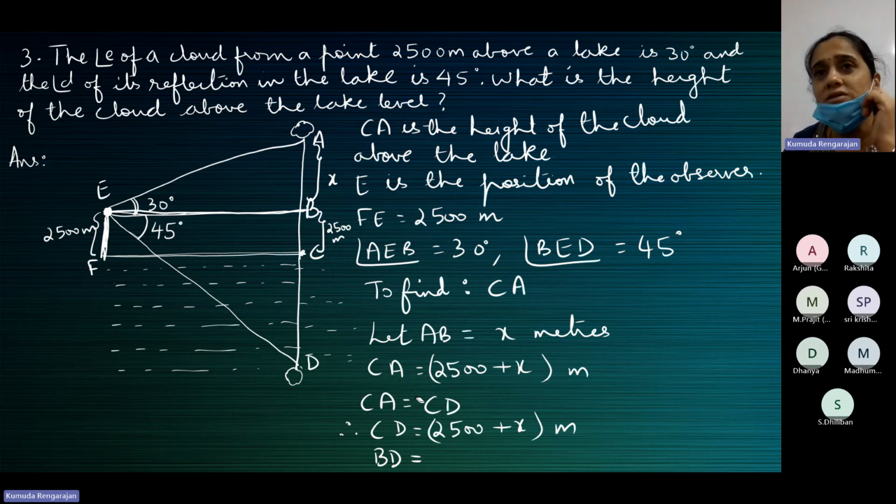By the laws of reflection, AC is equal to CD. Because which is like the mirror here? Which is the surface of reflection? The lake, the surface of the water is the surface of reflection. So CA is equal to CD, right? So if CA is this, then what is CD?